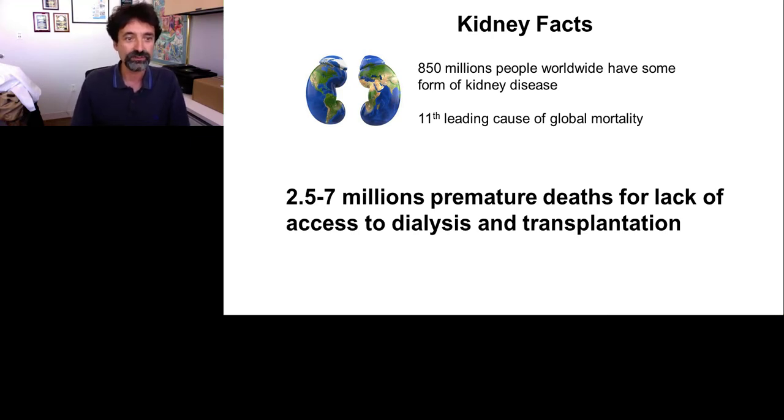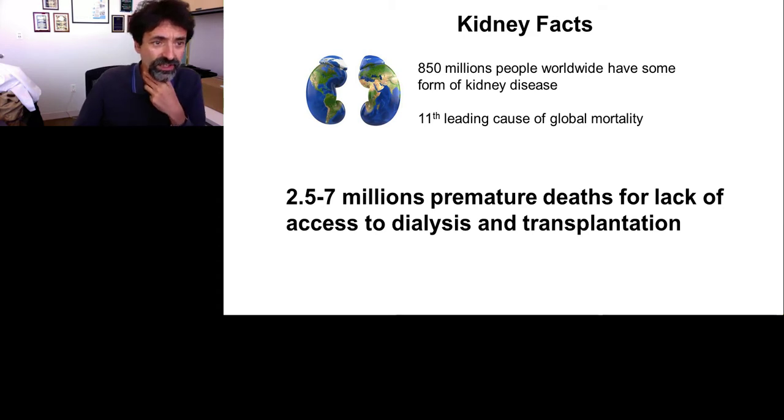Over 800 million people worldwide have some sort of kidney problem, and kidney disease is the 11th leading cause of mortality worldwide. And importantly, up to 7 million people die because of lack of access to renal replacement therapy, such as dialysis and transplantation.